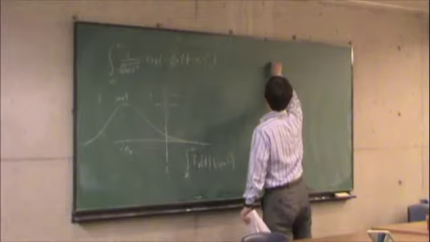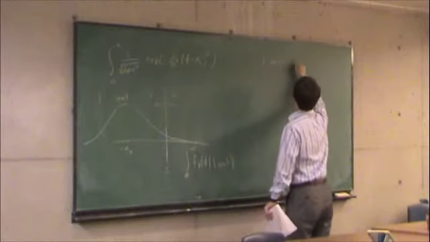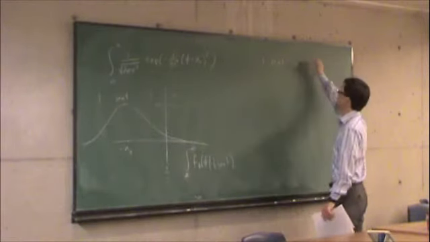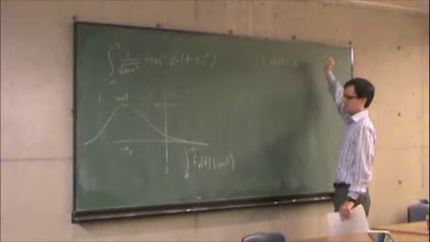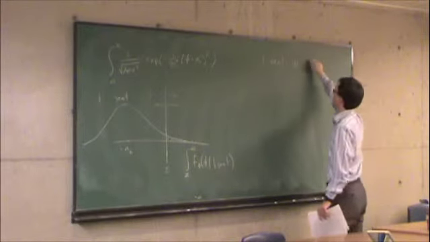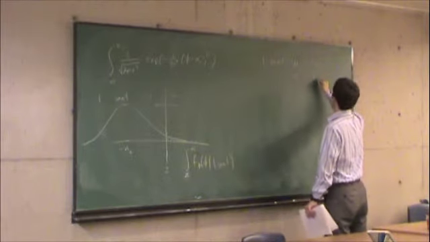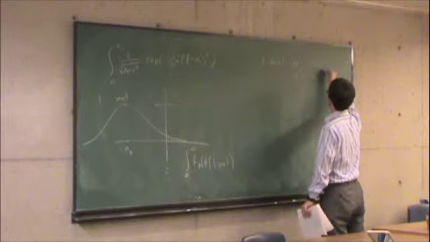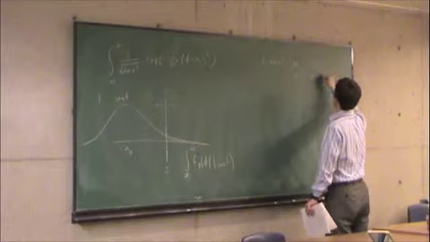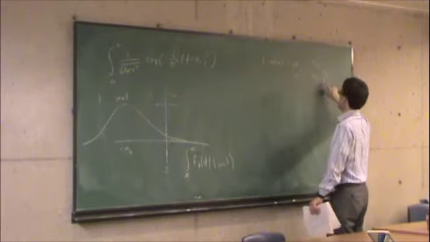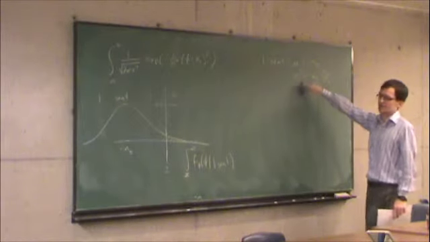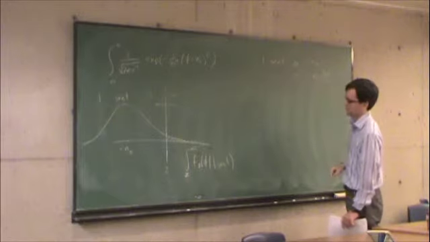If a 1 is sent, then my mean is what? Minus NB. And my variance is N0 over 2TS, the same as in the 0 case, so I'm just going to keep that as sigma squared.